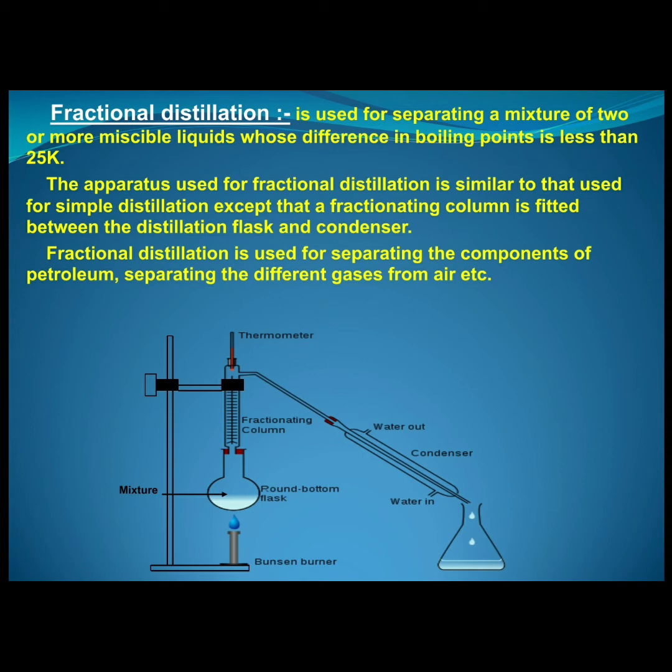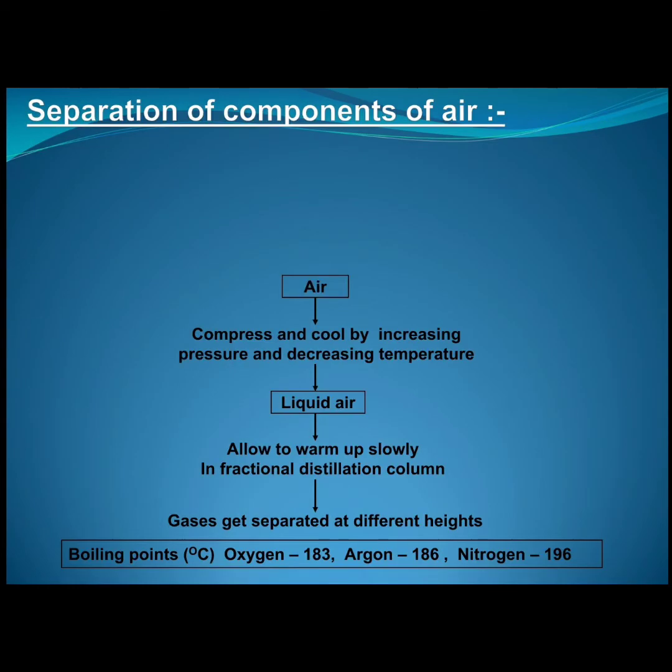Fractional distillation is used for separating the components of petroleum, and it is used for separating the different gases from air. Let us see how it is done. Air, first it is compressed, then cooled. Compressing is done by increasing the pressure and cooling is done by decreasing the temperature. Air becomes liquefied air.